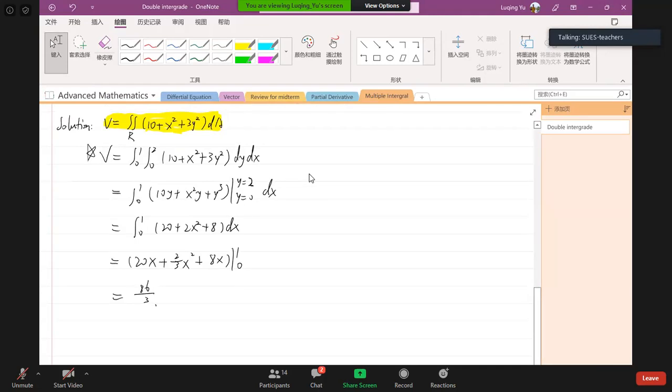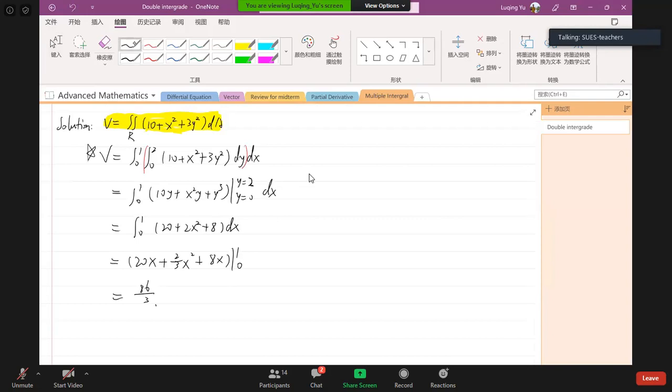So what you can do is simply put the dy and the dx. You can integrate y first or integrate x first. Here we integrate y first, and then the second part you integrate x.